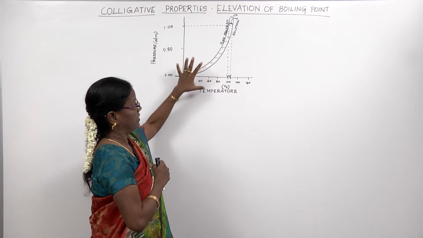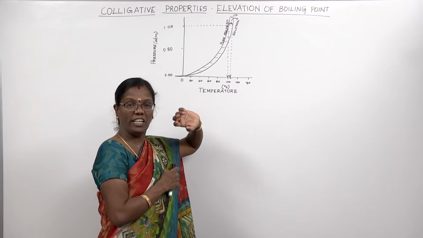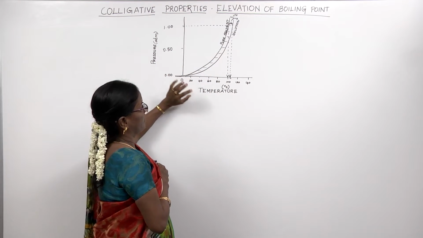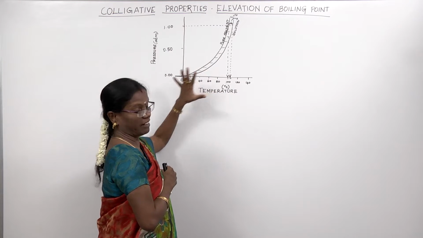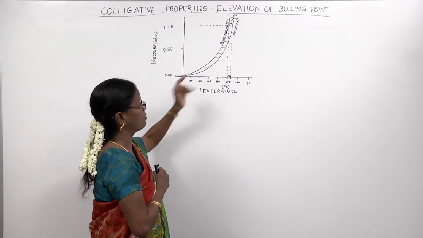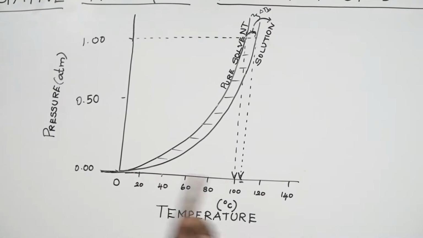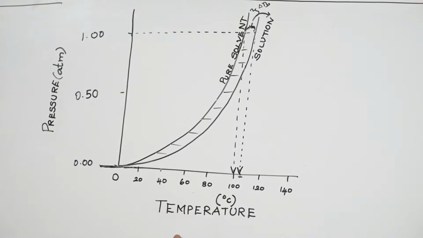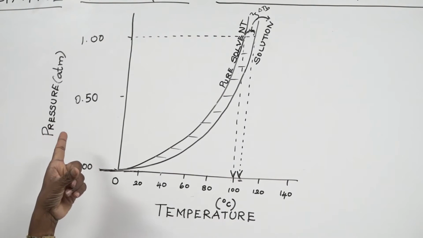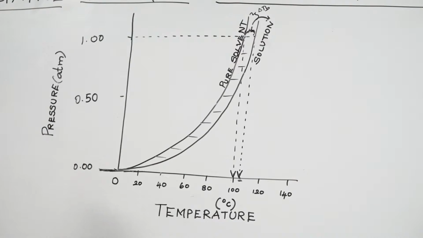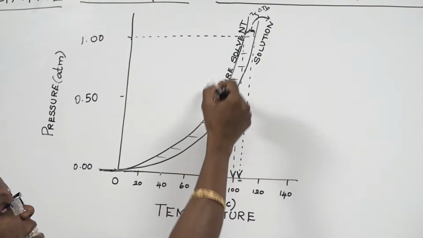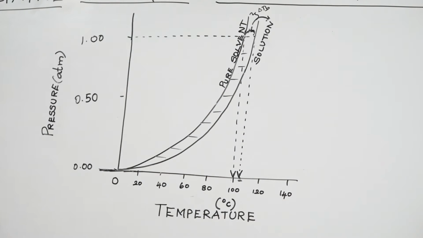The elevation of boiling point is described in this graph. We can understand by observing this graph. The x-axis denotes the temperature and the y-axis denotes the pressure of the atmosphere. The first curve represents the pure solvent.